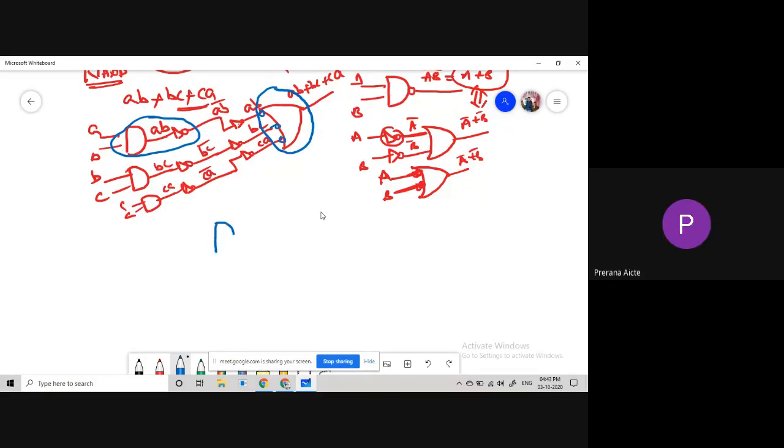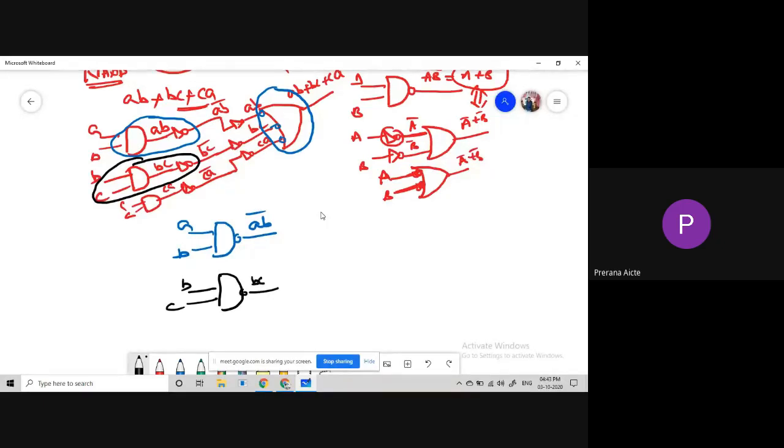If I'm taking this one as the NAND gate and giving AB, we are getting AB whole bar. Similarly, for this also we are taking one NAND gate, BC plus NOT, BC bar, so we take another NAND gate.